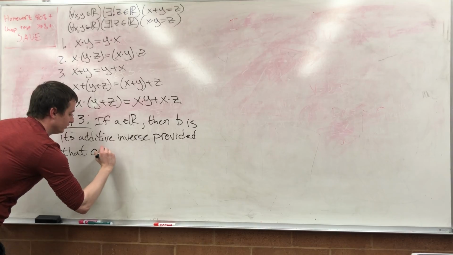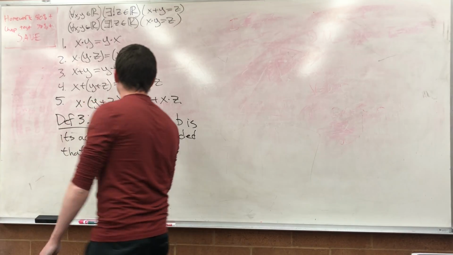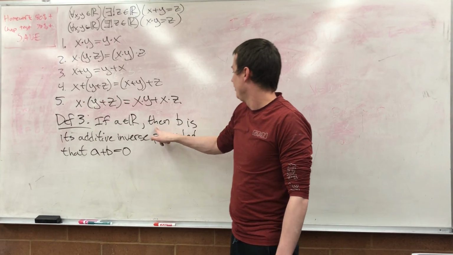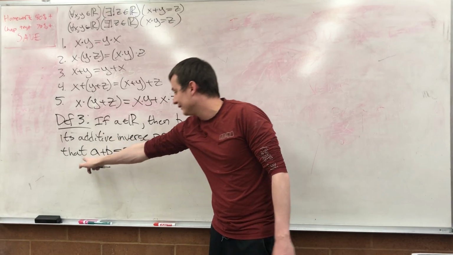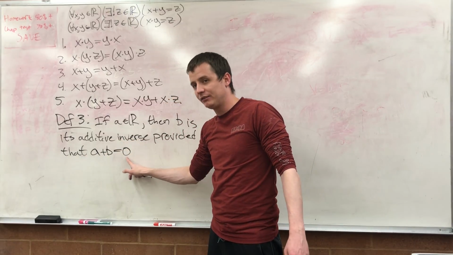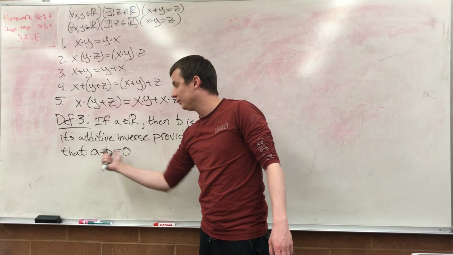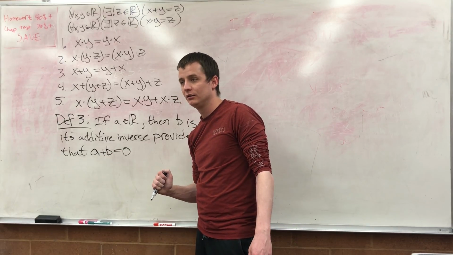That's what we mean by additive inverse. So he's defining what it means to be an additive inverse. If A is a real number, then B is its additive inverse, provided that A plus B gives you the additive identity. That's what it means for B to be an additive inverse, right?